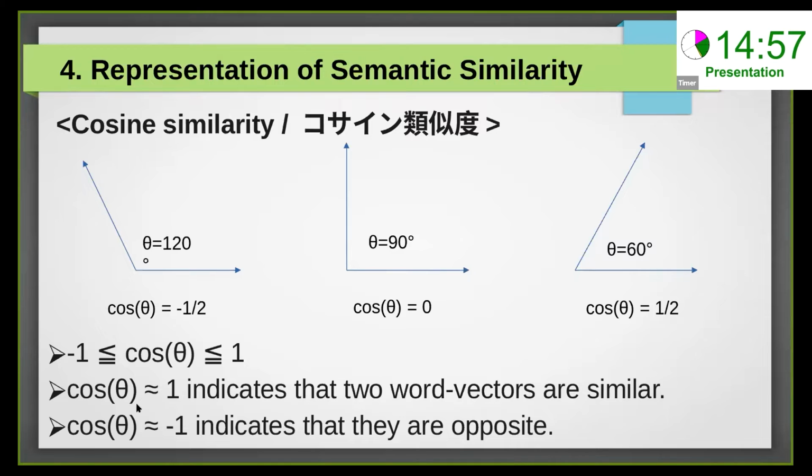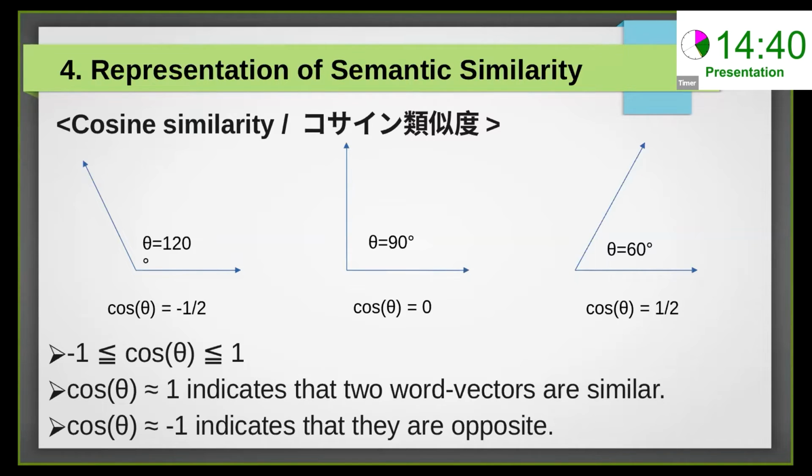Since cosine theta has a range between -1 and +1, the cosine similarity, the similarity of two vectors, is represented in the same range.